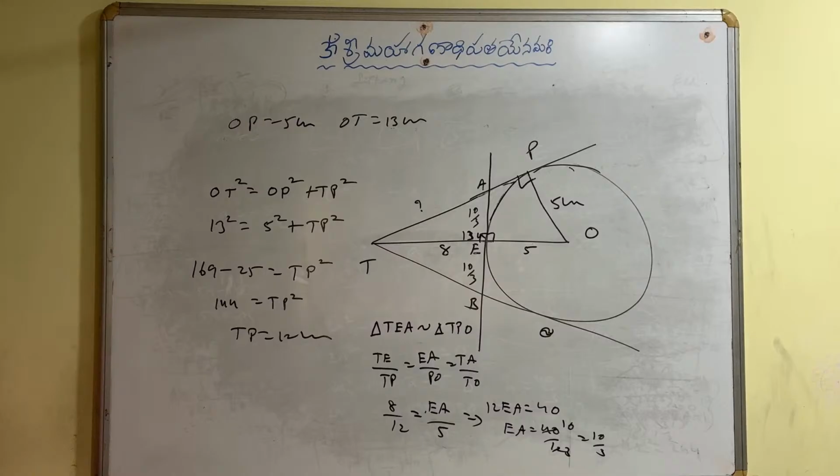What is the next question? How many tangents can be drawn from point O?